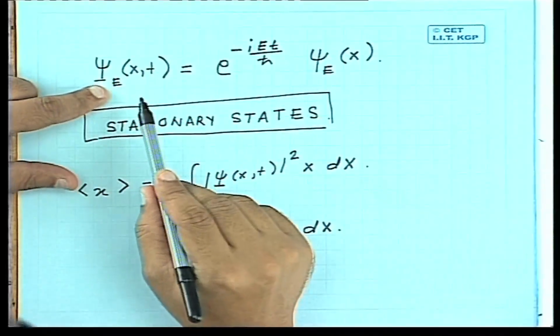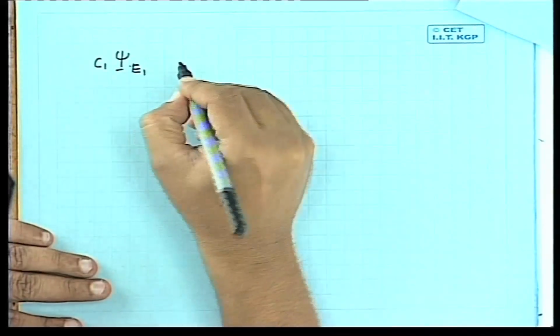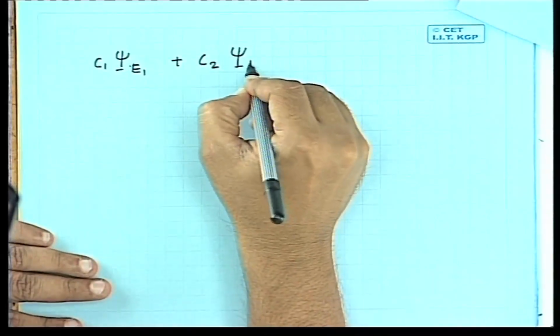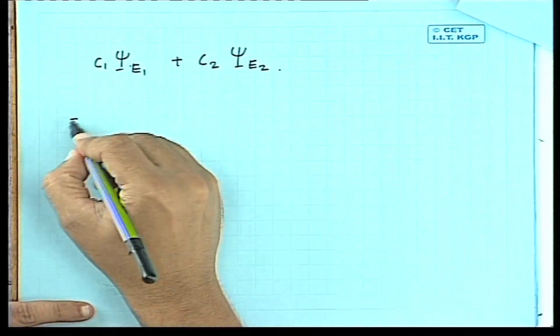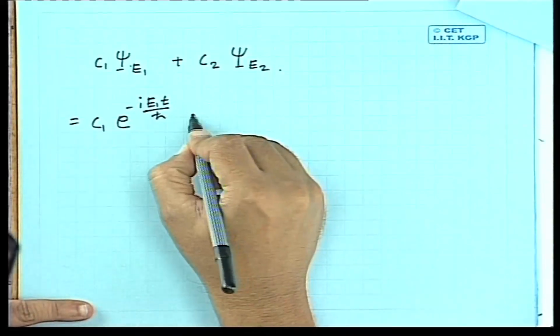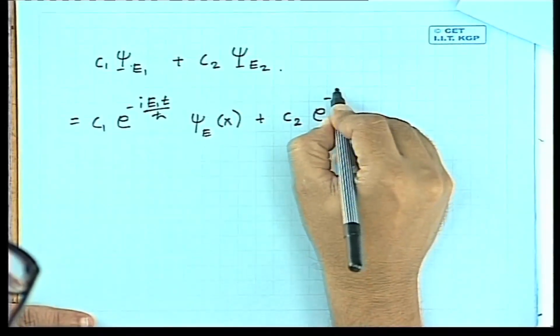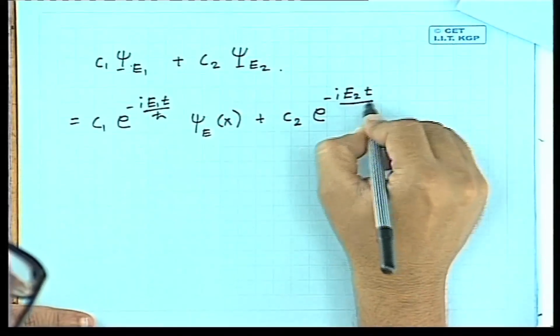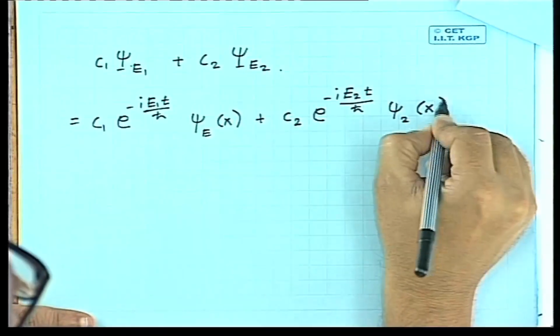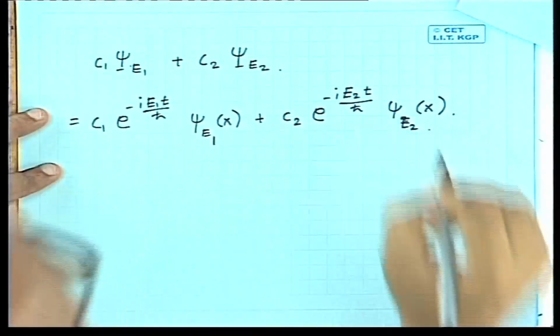Each of these individually is a stationary state, but a superposition of two different such states is not a stationary state, because if I superpose two different such states, let us say I take C1 psi E1 plus C2 psi E2, then this will be equal to C1 e to the power minus i E1 t by h cross times psi E1 of x plus C2 e to the power minus i E2 t by h cross times psi E2 of x.